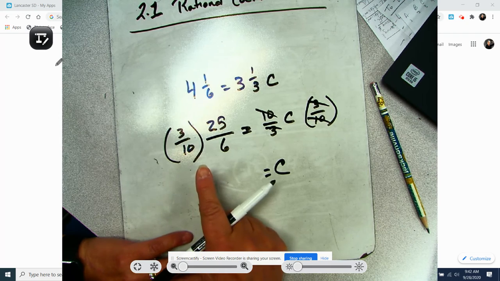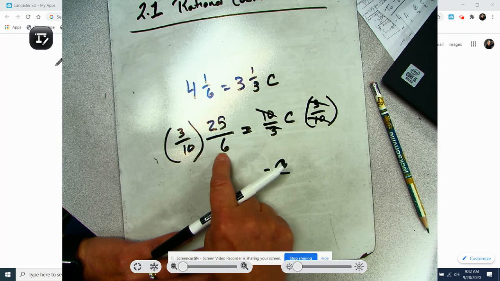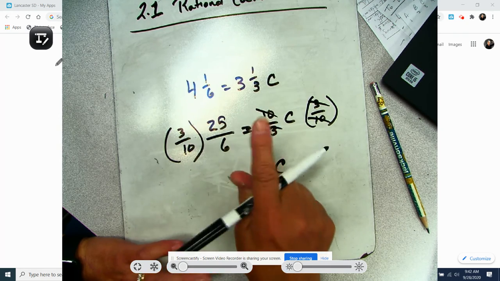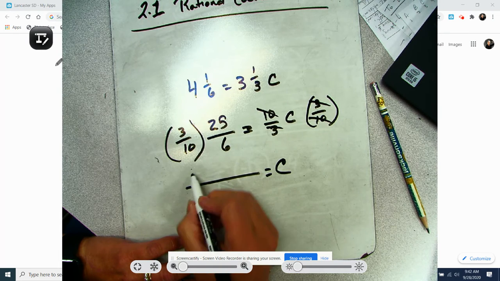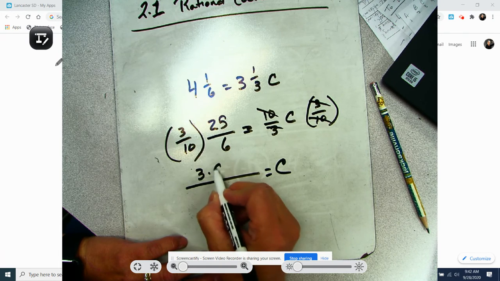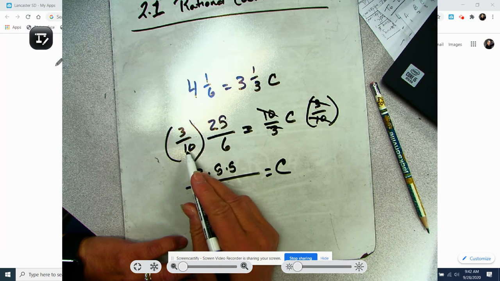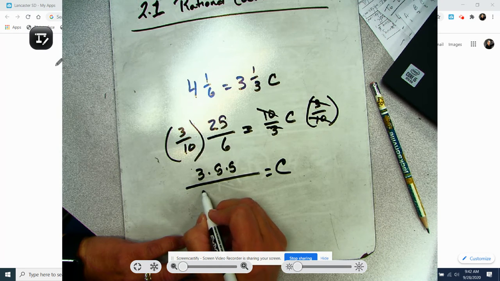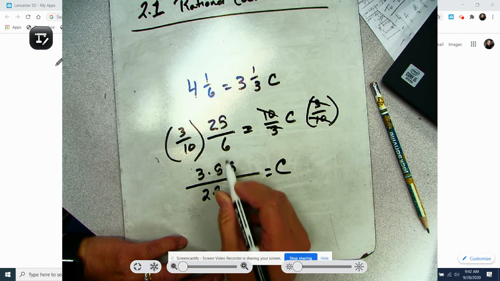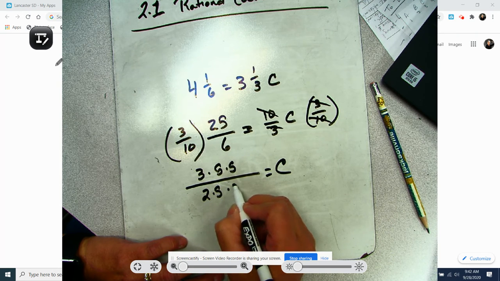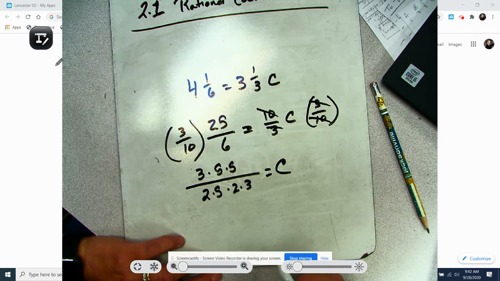Now on this side, you can multiply 6 times 10 and 3 times 25, or we can just factor. So we have 3 times 5 times 5, because 25 is 5 times 5. Here we have 2 times 5, and here we have 2 times 3. Why did I do this?